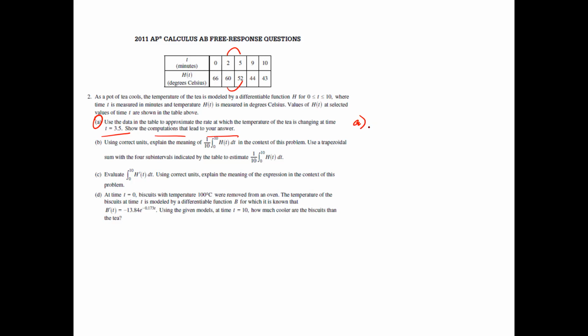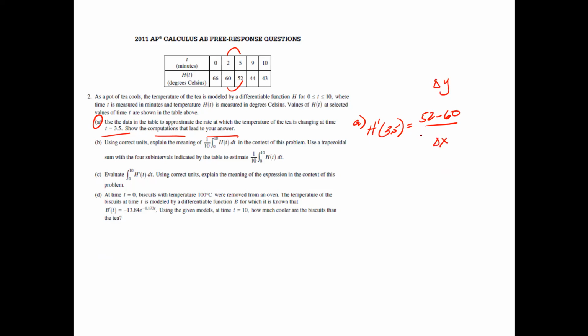So what you should do is look at H prime of 3.5, which is the rate of change for the temperature in degrees Celsius when time equals 3.5 minutes. For this, it's going to be very similar to a slope formula. 3.5 is in between 52 and 60, so let's do 52 minus 60 divided by the change of y over the change of x.